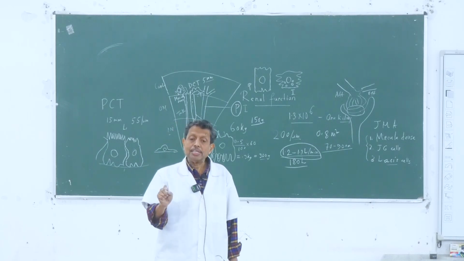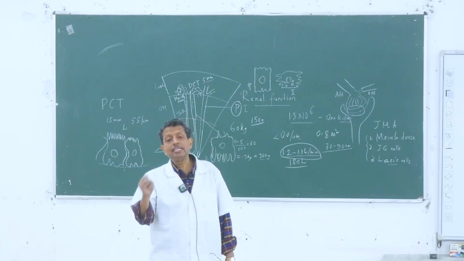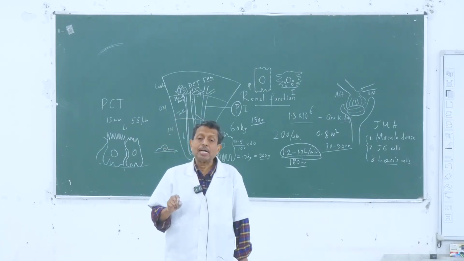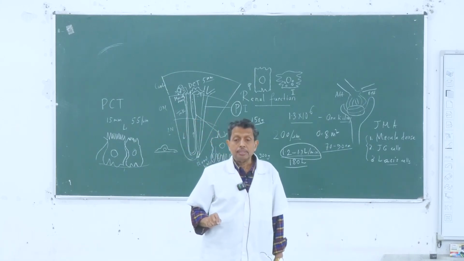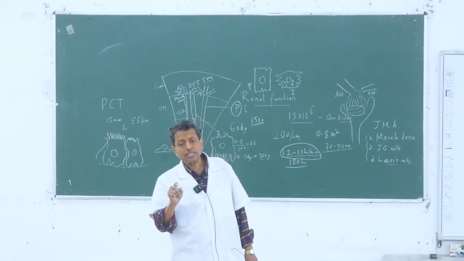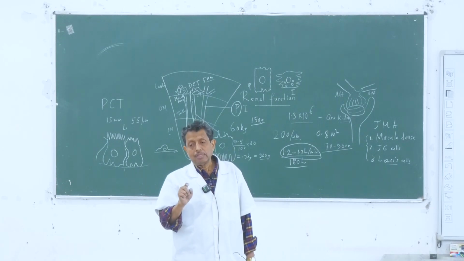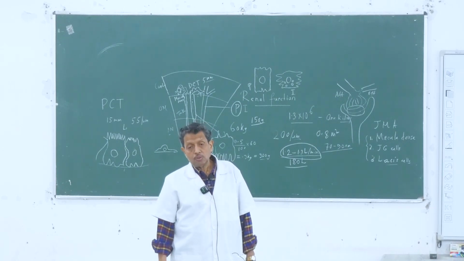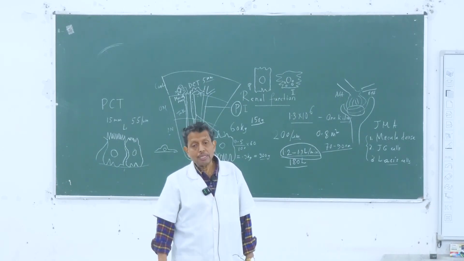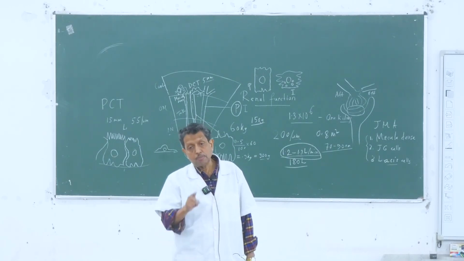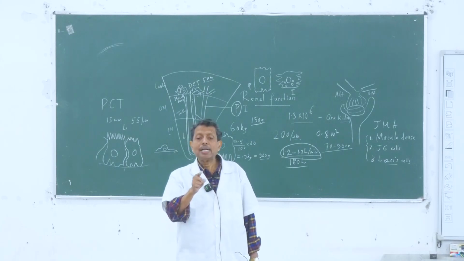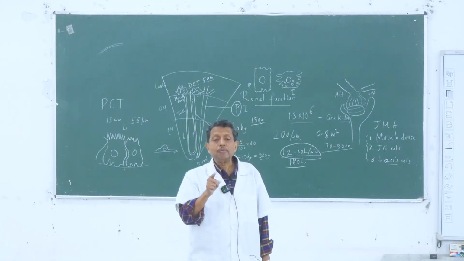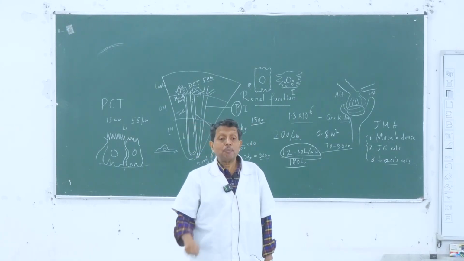It is the only body site where capillaries drain into an arteriole. Smooth muscle is present, though its amount is little in comparison to the afferent arteriole.